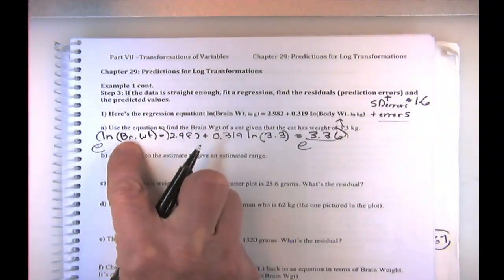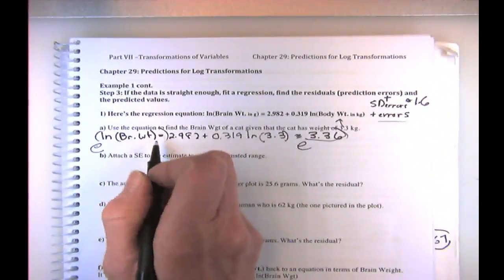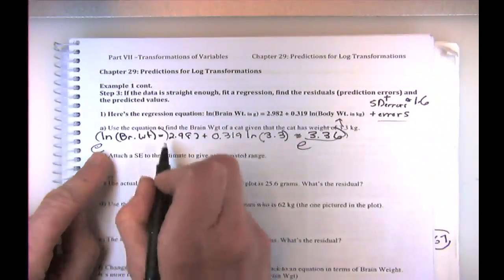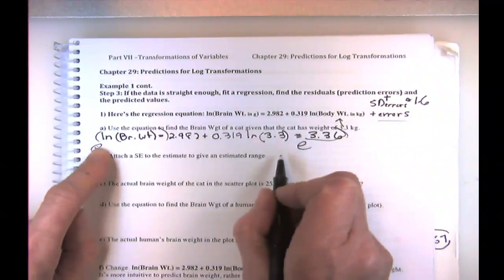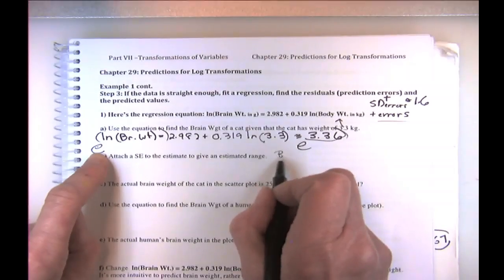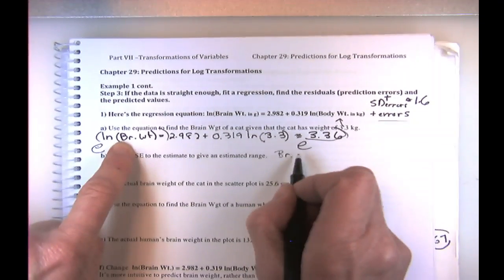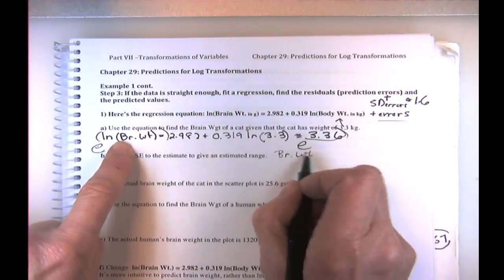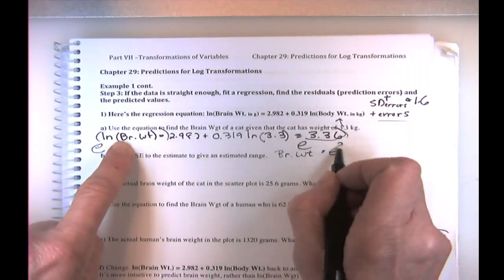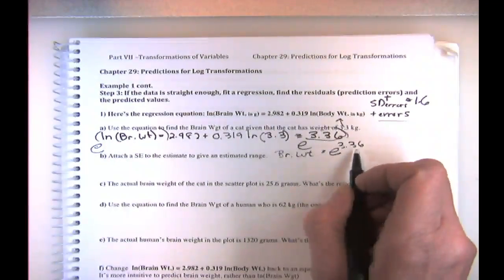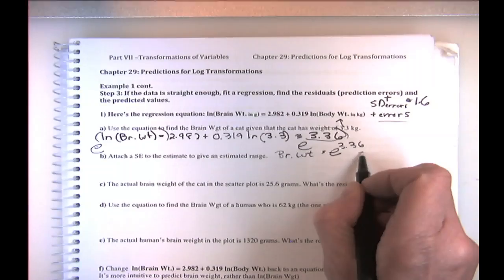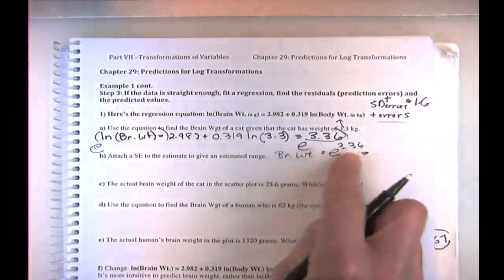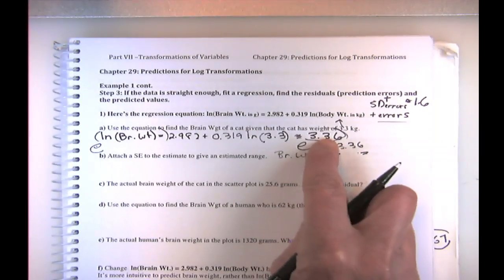So e to the log of the brain weight is just the brain weight by definition, right? So I get that the brain weight is equal to e to the 3.36. And now this has no units. The log is just an exponent, right?